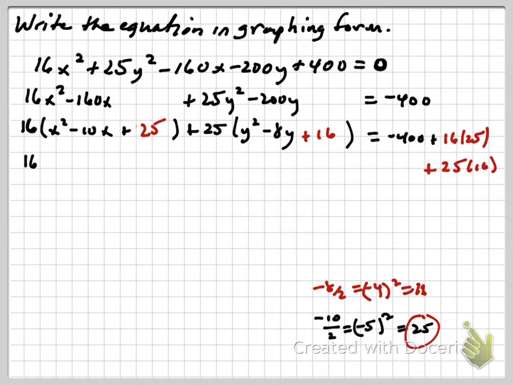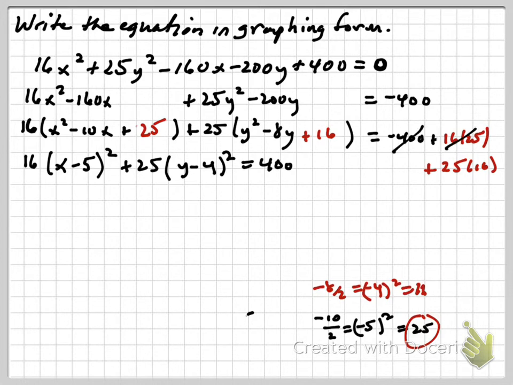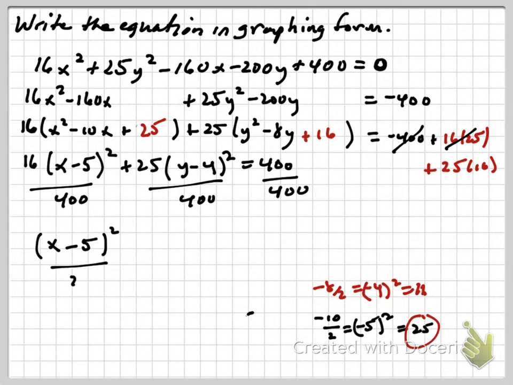So this is 16 times (x minus 5) quantity squared, plus 25 times (y minus 4) quantity squared is equal to 400, because this 400 adds out with this one. So you're not done yet, because the equation has to be equal to a 1, so you have to divide by 400 everywhere. When it's all said and done, you end up with this equation, which is the equation you're supposed to have.